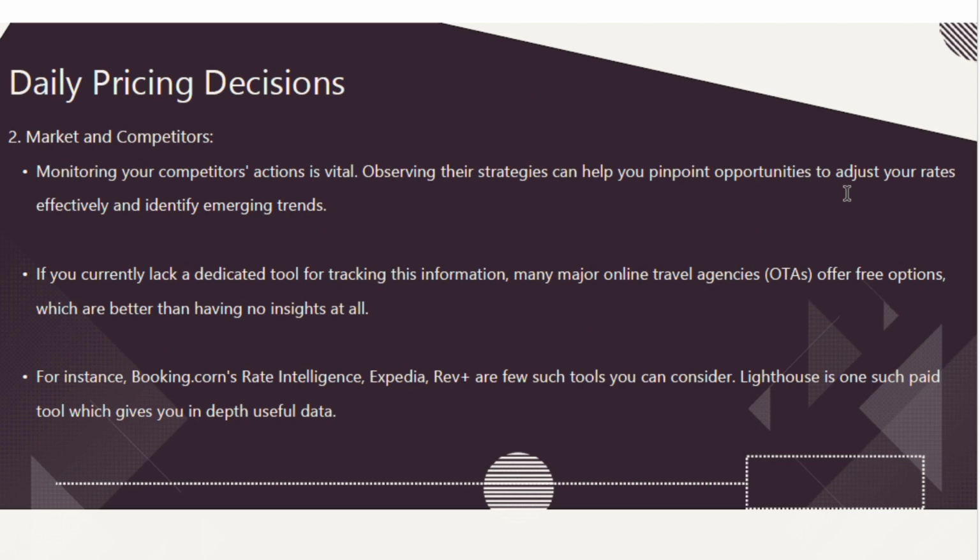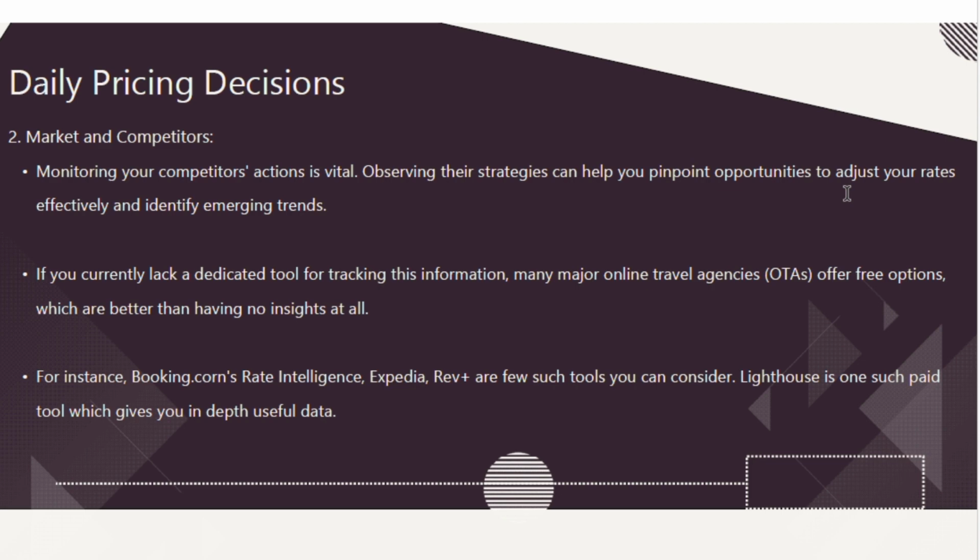Second is market and competitors. You need to see how your competition is doing, what actions they are taking, whether they are having some kind of flash sale or promotion, whether they are sold out on the lower room type, how basically they are approaching the market. You have to keep an eye on that.